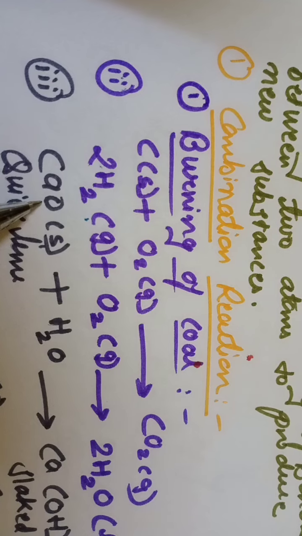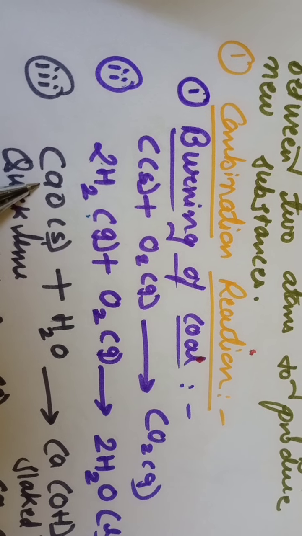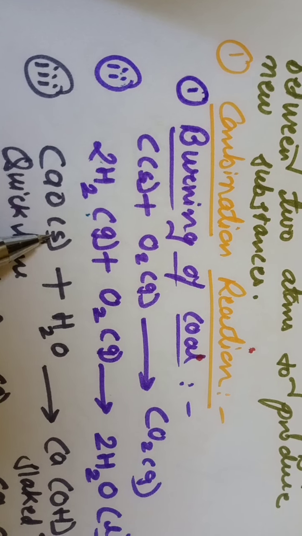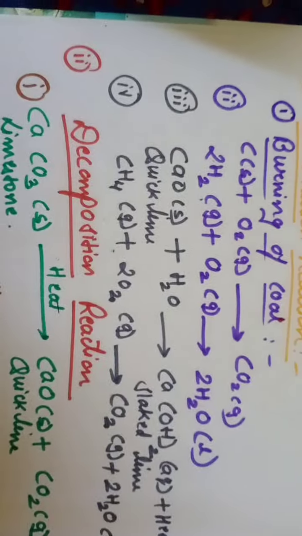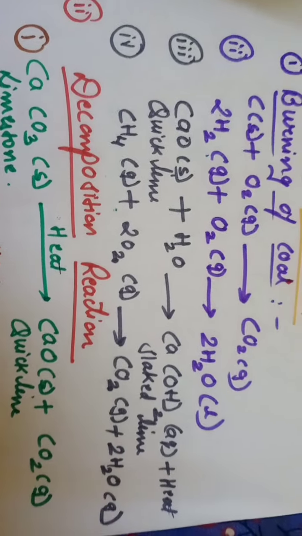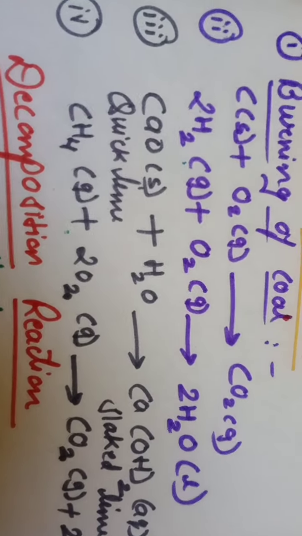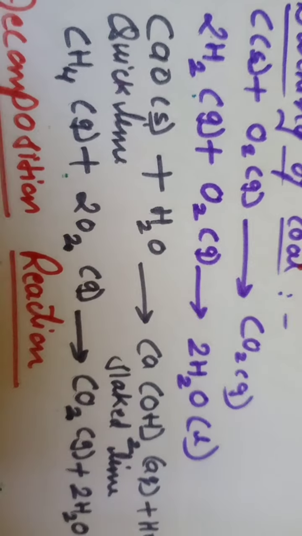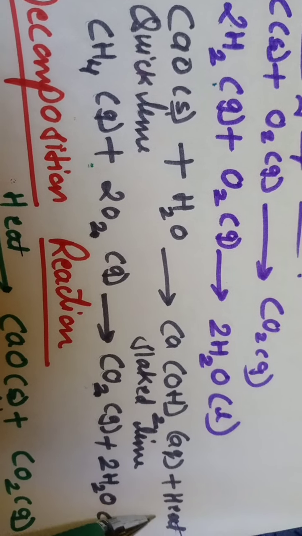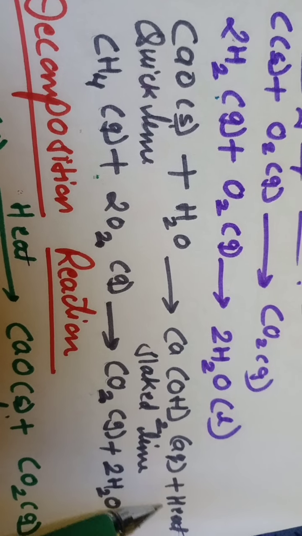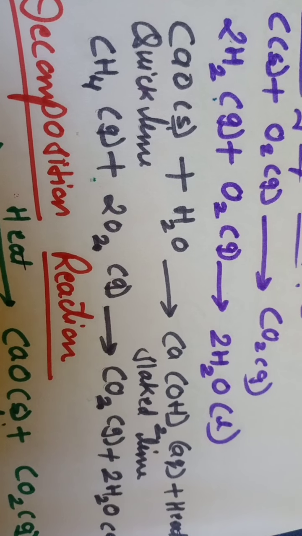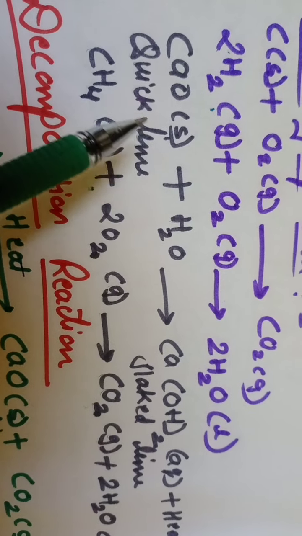Next example is quicklime, which is also known as calcium oxide, plus water gives calcium hydroxide plus heat. So here heat is given out. Basically this is known as exothermic reaction that I'm going to discuss in the next session.